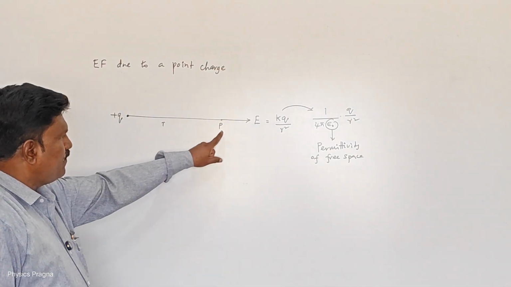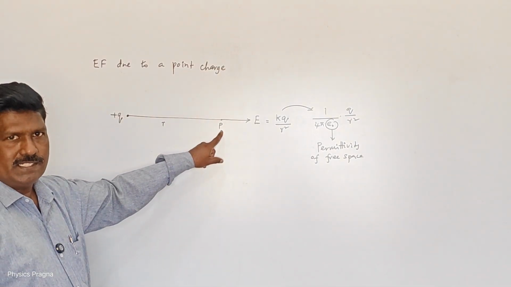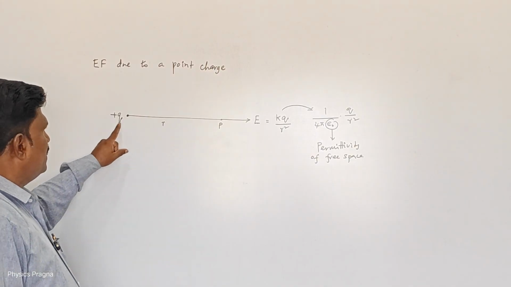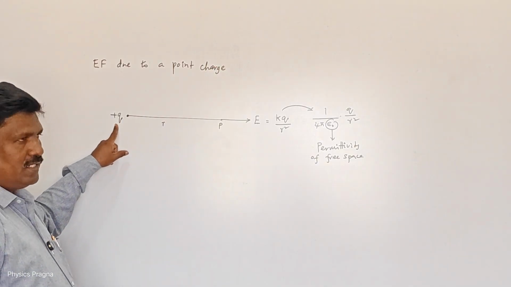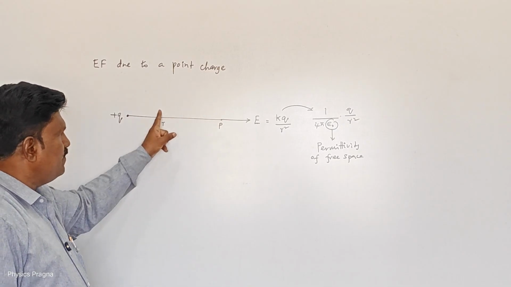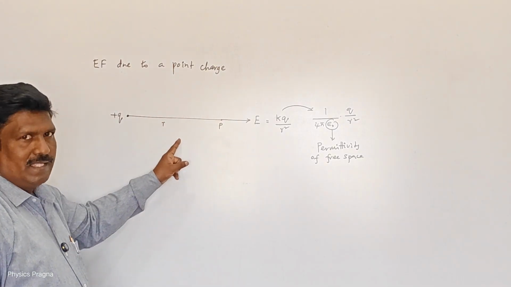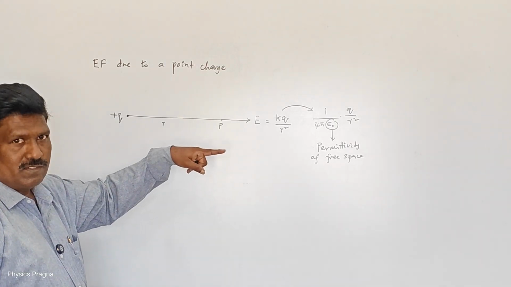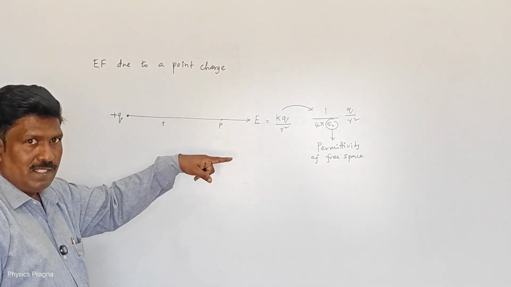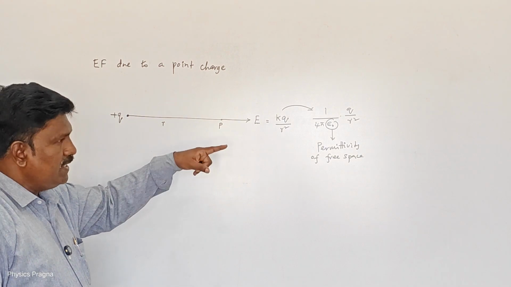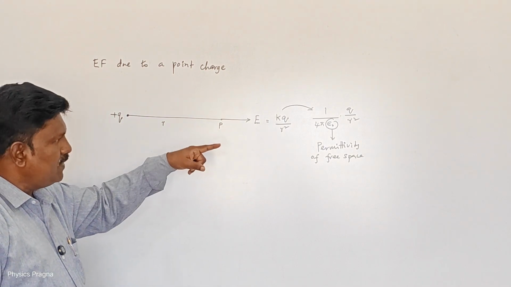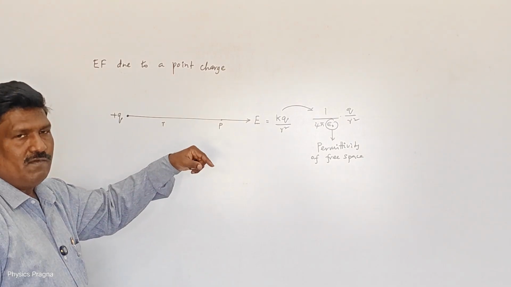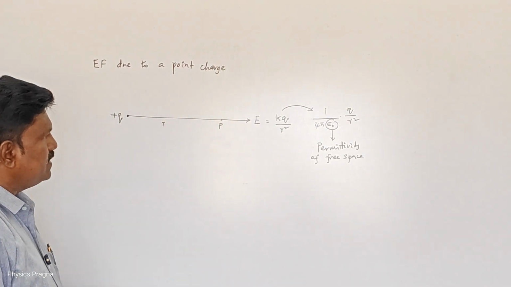So between the point charge and the point P, where we are calculating the intensity or strength of the electric field, whatever the medium is there in between will affect the magnitude of the electric field. So the magnitude of the electric field depends on the medium. When a medium is there, in place of the permittivity of free space, we have to take the permittivity of the medium. So that is the thing.